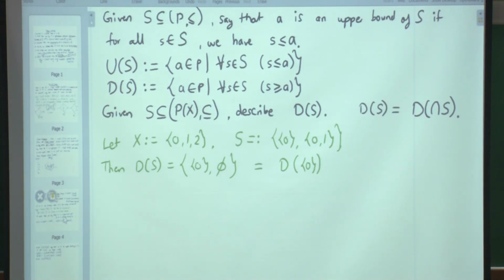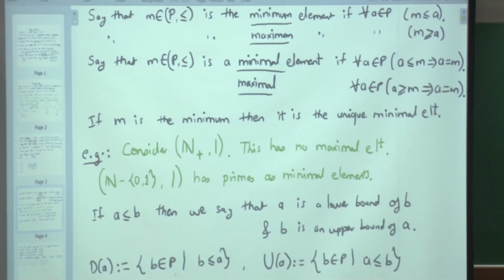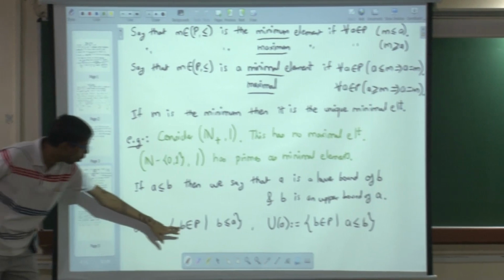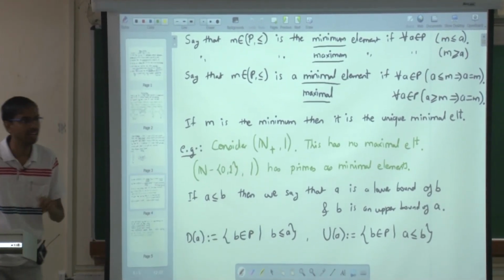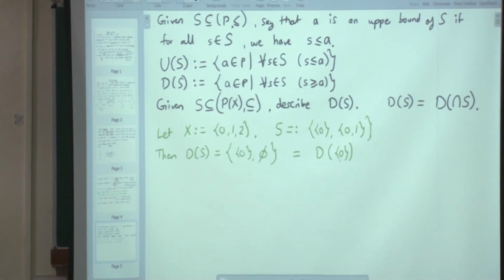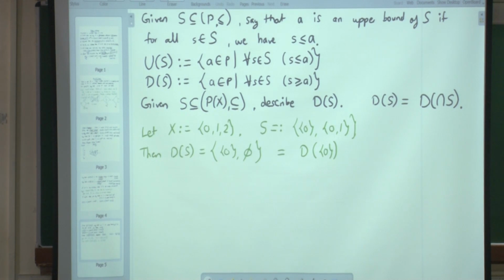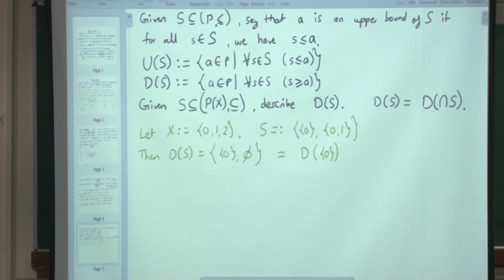Okay, let me quickly shift to the previous slide. Observe what is the downset of an element a. It is all those b's which are less equal a. So actually this is known as a principal downset.